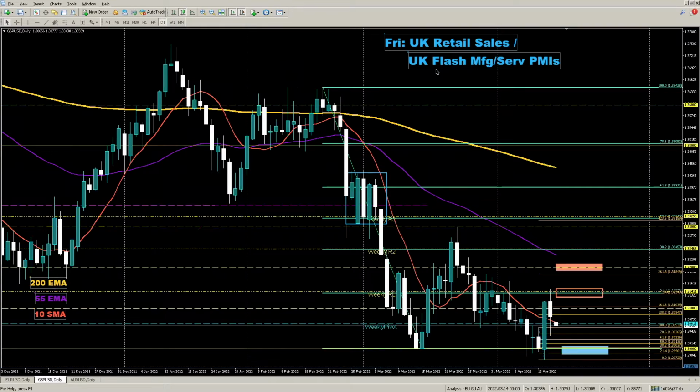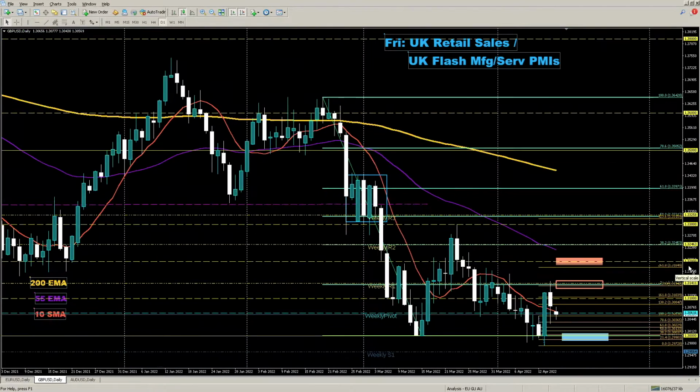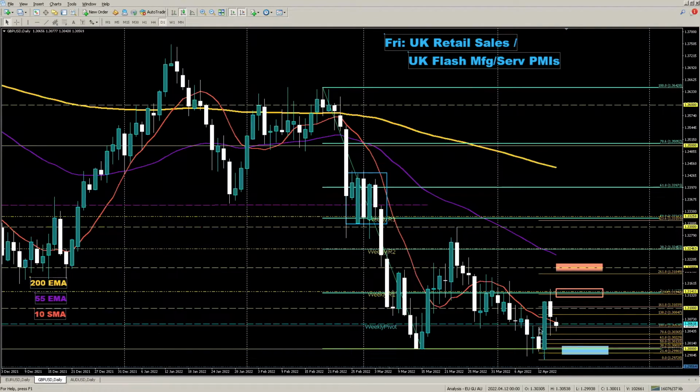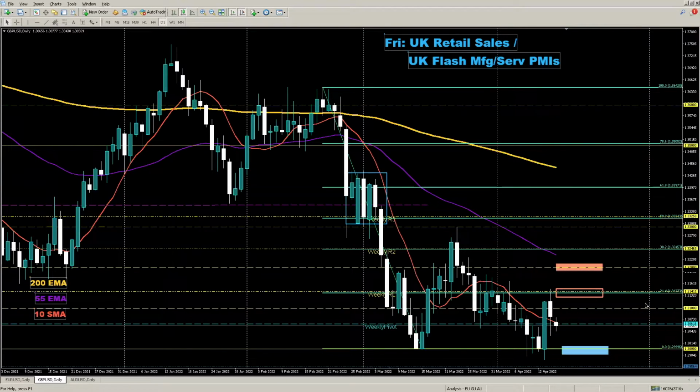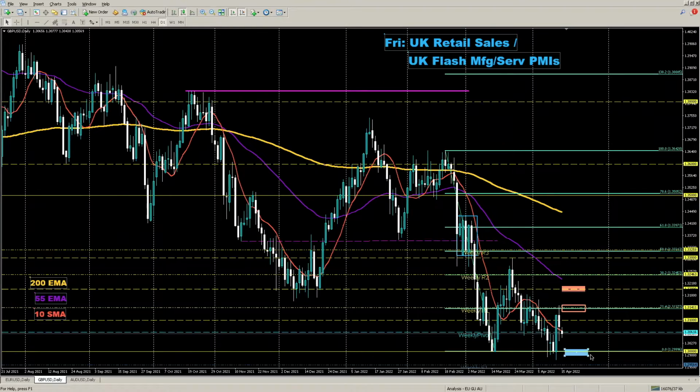So this coming week, there's only minor news coming out on Friday, which is the retail sales along with the flash manufacturing and services PMIs. Let's remove this clip here. And we will keep this as the support zone.